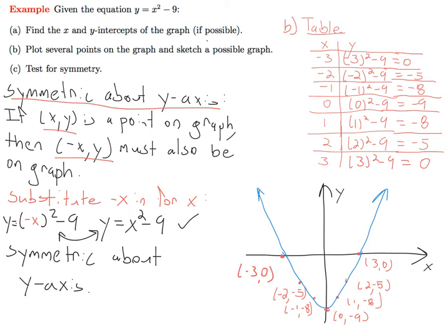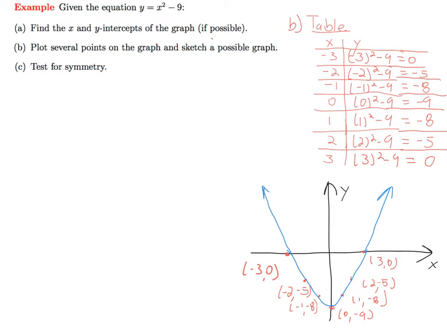What about other symmetries? Is it symmetric about the x-axis or the origin? Let's go ahead and check those as well. And now let's check another type of symmetry. Let's see if the graph is symmetric about the x-axis.